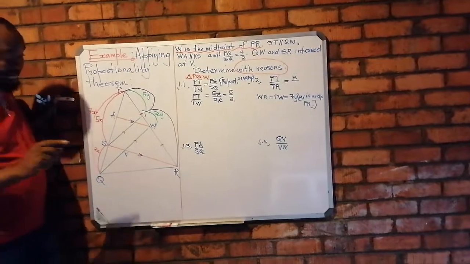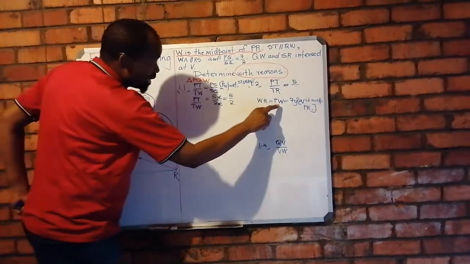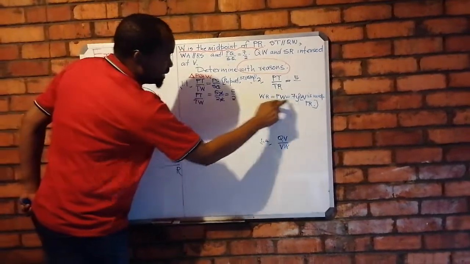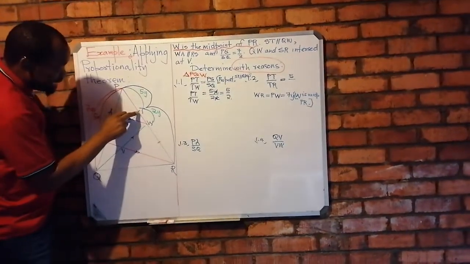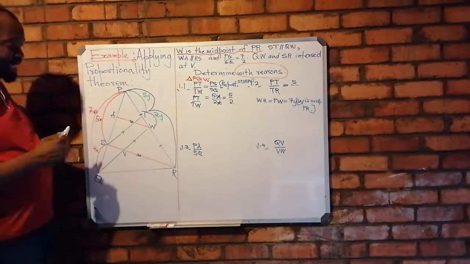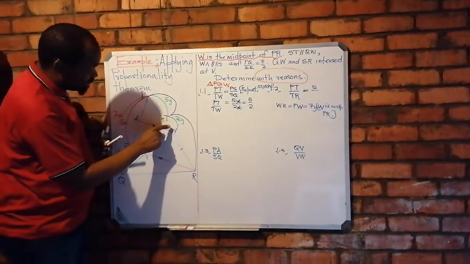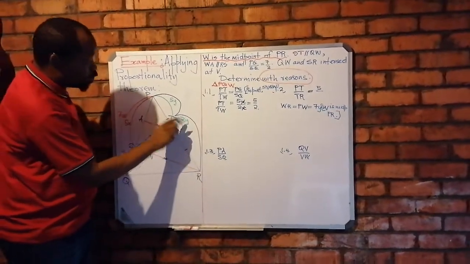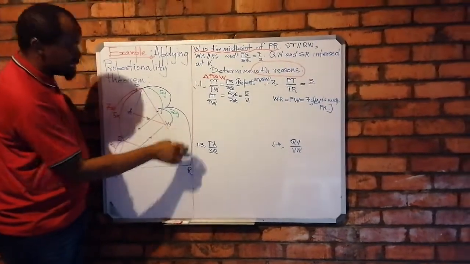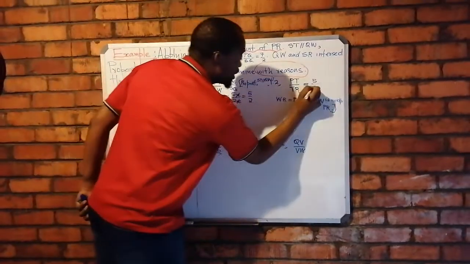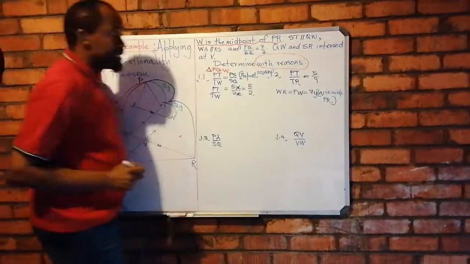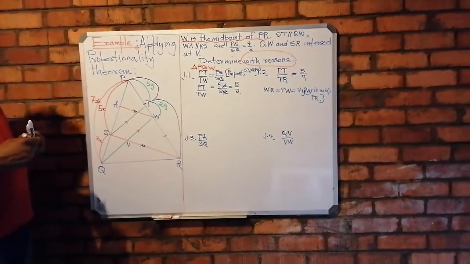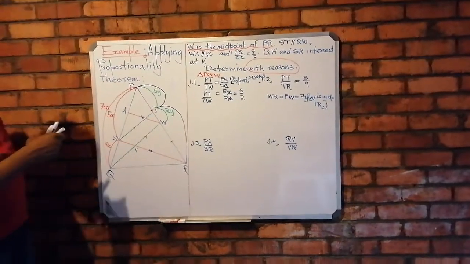Now I want TR. Can you see that? WR is 7y and TW is 2y. That means that TR would be 2y plus 7y, which is 9y. That would be 5 divided by 9.